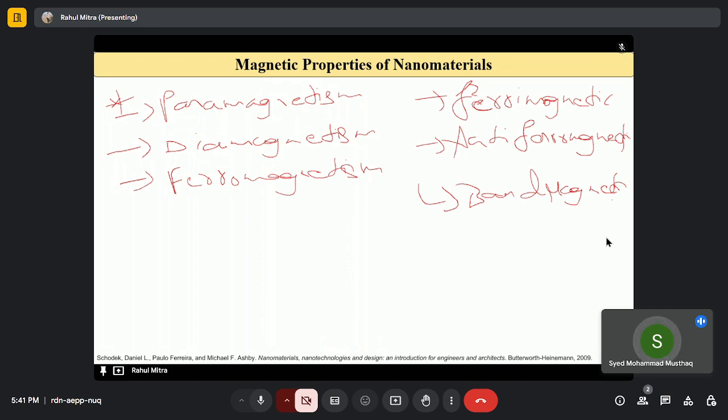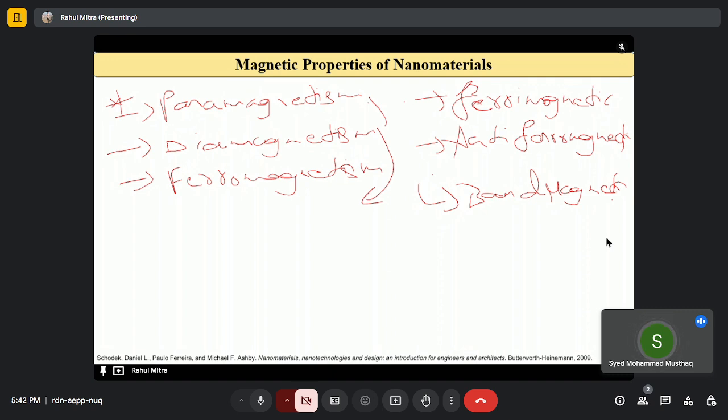I will not go deep and derive everything. In paramagnetism, I will just tell you why it is happening and a few applications. Diamagnetism is an inherent property of any material.